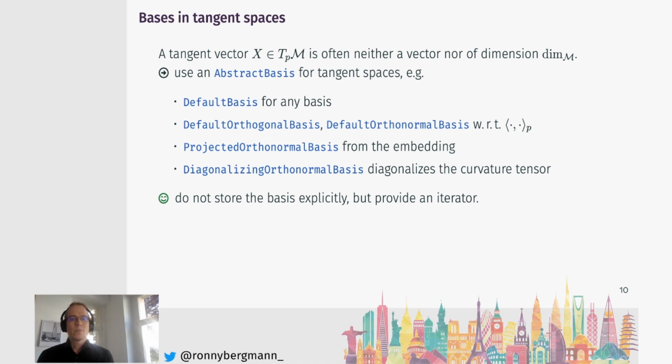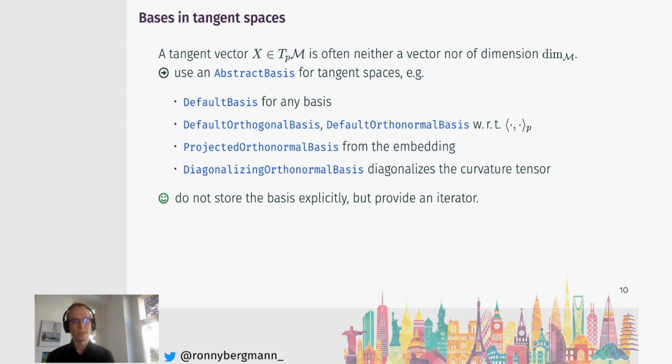The next idea is, if you actually want to go to tangent vectors and represent them as d-dimensional objects, which in general is not the intention of the representation, you need a basis of the tangent space to then use the inner product to decompose your vector into coordinates. And maybe you even want to use a few more things of your basis. So like, for example, the diagonalizing orthonormal basis even takes into account the curvature of the manifold. So it diagonalizes the curvature tensor, which might be handy for some computations.